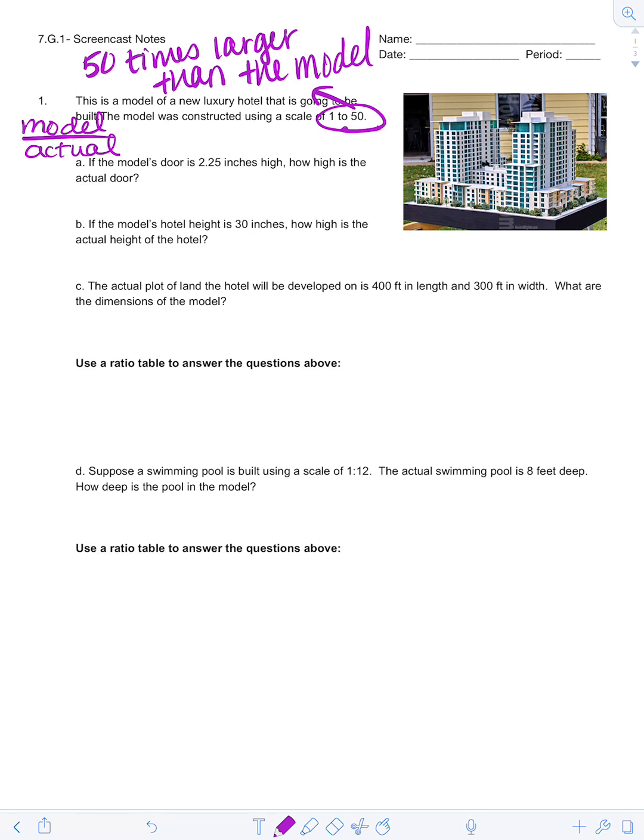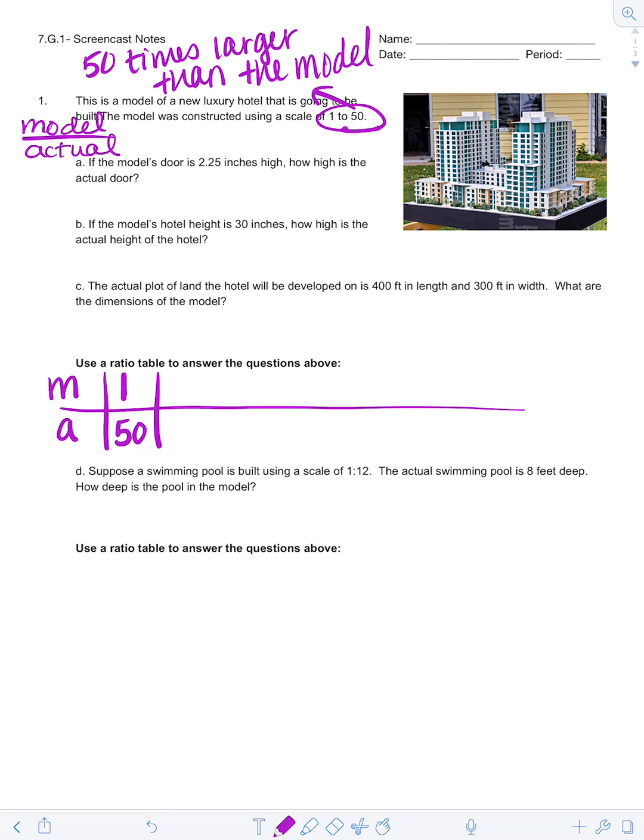So we're going to jump down here where it says use the ratio table to answer your questions above. That's why we already started using ratio tables with probability to help transition into this. So again, it's model over actual, and our scale is going to go in there. The 1 represents the model for 50 in the actual.